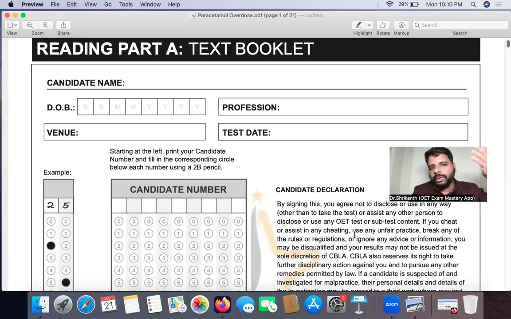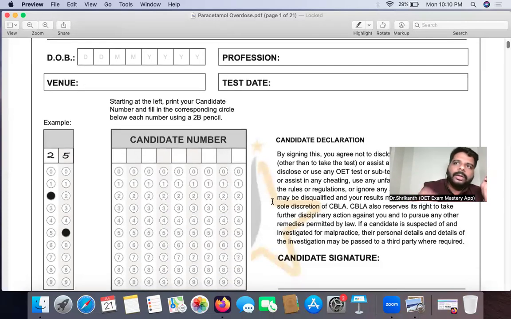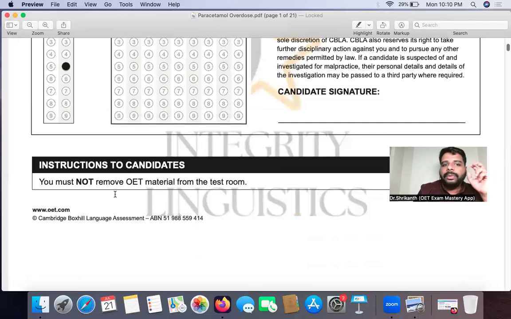Just go to YouTube, Telegram, or other institutions. They will very happily give you 100, 200, 300 materials. And I can guarantee you that 95% of them are fake OET materials, which only test your language proficiency, nothing else. It may improve your language, but it is not going to improve the skills.